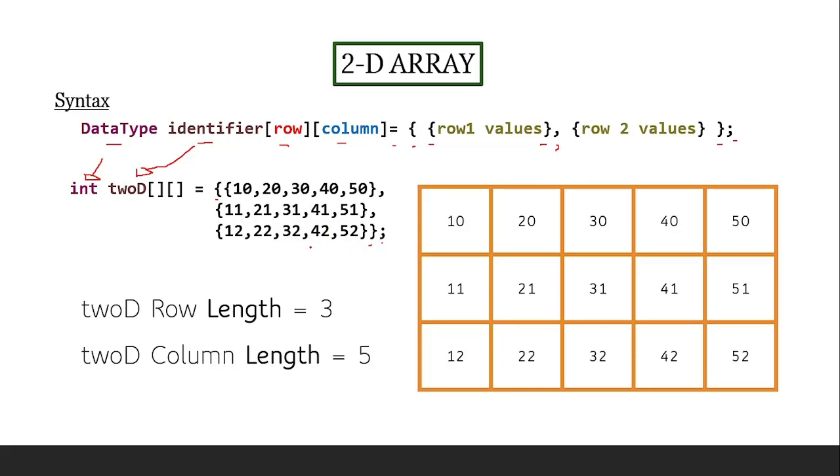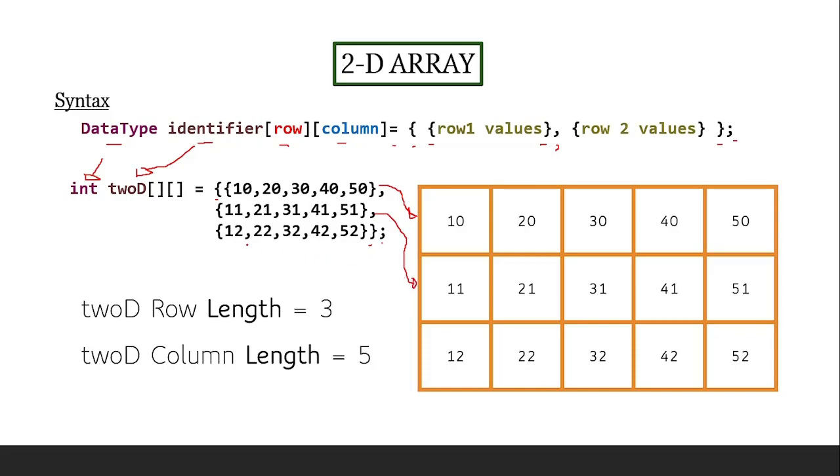So kapag visualize natin to inside a data table, ganito yung makikita natin. For our first set of elements, as you can see, ito siya, yung nasa ating first row. For our second set of elements naman, 11, 21, 31, 41, 51, so ito naman siya sa ating second row.